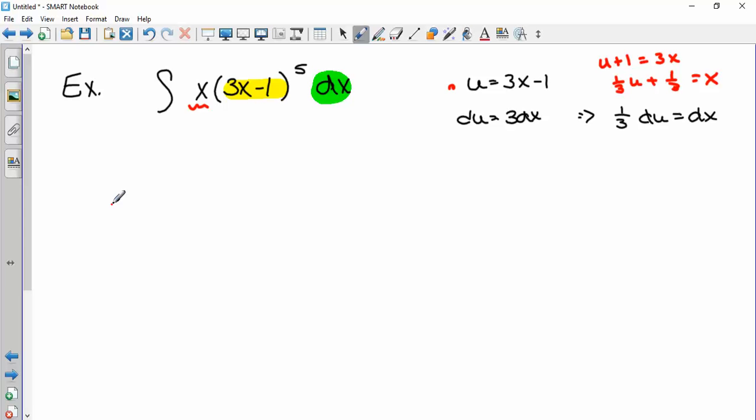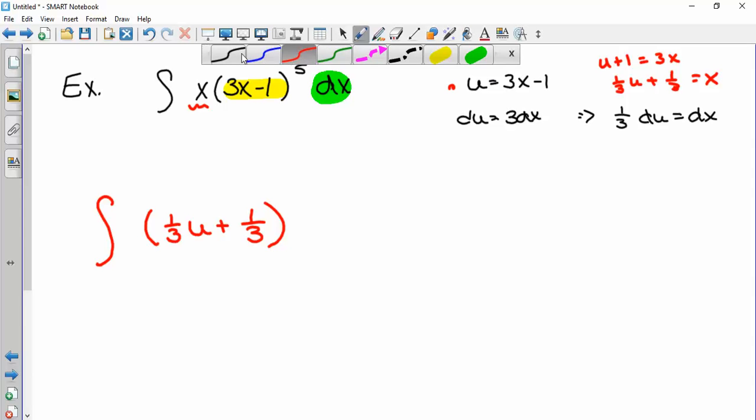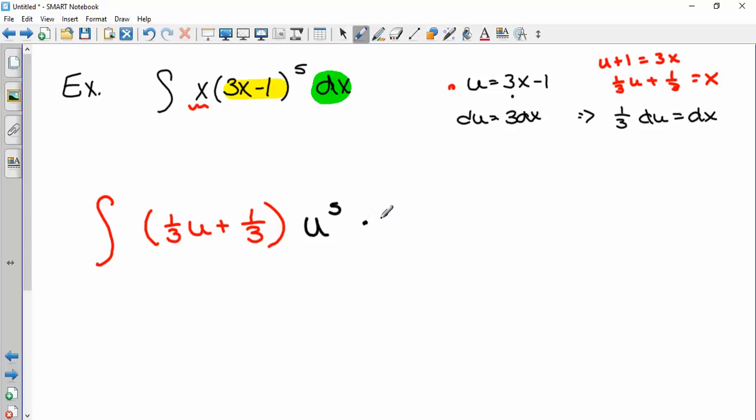Okay, it's not obvious that this is going to be nicer yet, but it will be. So my x, I'm replacing with the 1/3 u plus 1/3. 3x minus 1 to the 5th is just u to the 5th. And my dx I'm replacing with a 1/3 du.